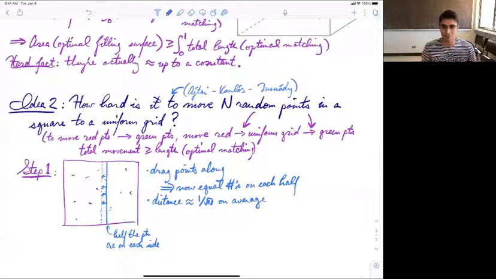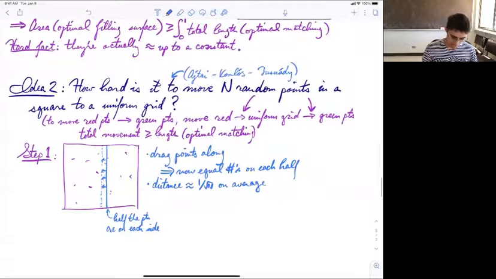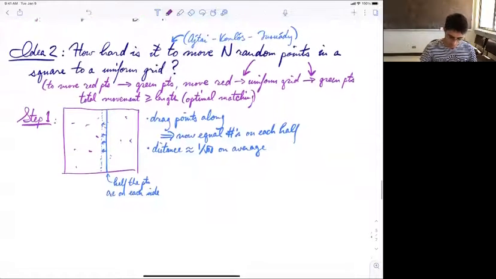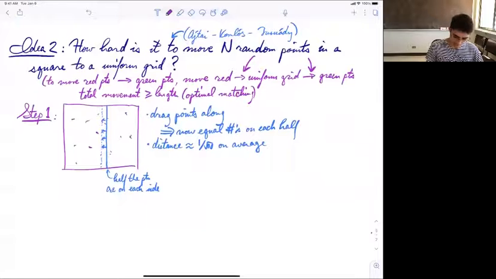For any given set of random points, it might be smaller or bigger, but on average, it's going to be about 1 over root n. And this is going to be the same on every step. That's the key observation here.